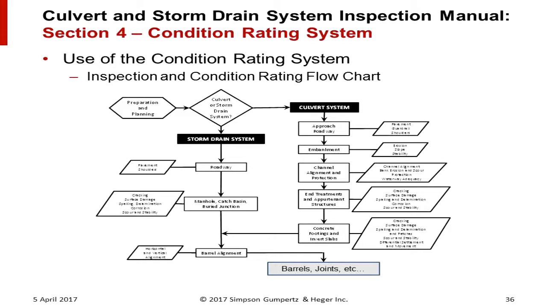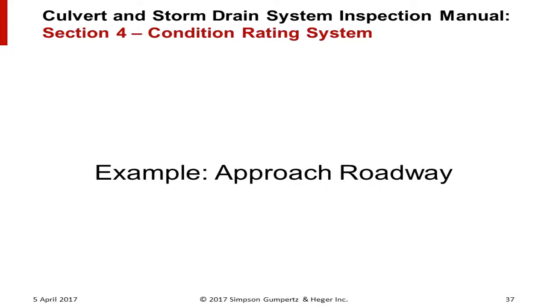And what I want to do, in order to show you what's in section 4, is highlight a couple of examples. We'll look at approach roadway. So in the approach roadway section, what we've got is a lot of discussion, a lot of information on what the approach roadway is. So in terms of defining the approach roadway for culvert inspection, we're calling that the span of the culvert plus 20 feet in either direction.